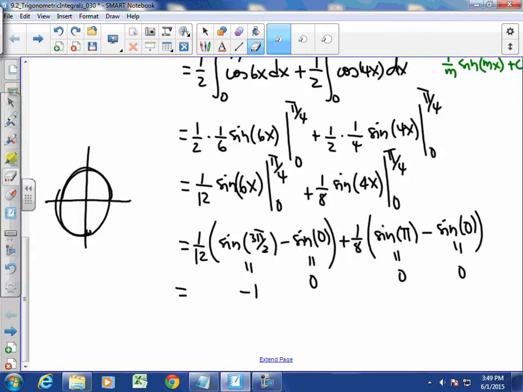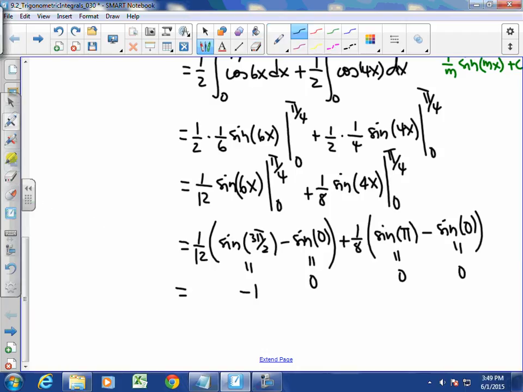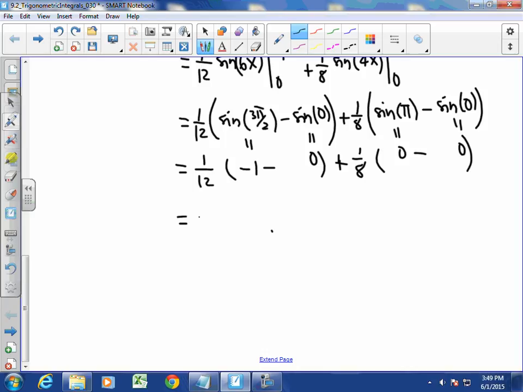So that said, you will get 1 over 12, negative 1 minus 0, which is negative 1, plus 1 over 8, 0 minus 0. And that means you get negative 1 over 12.